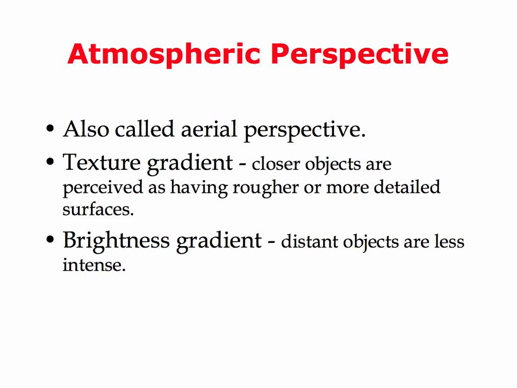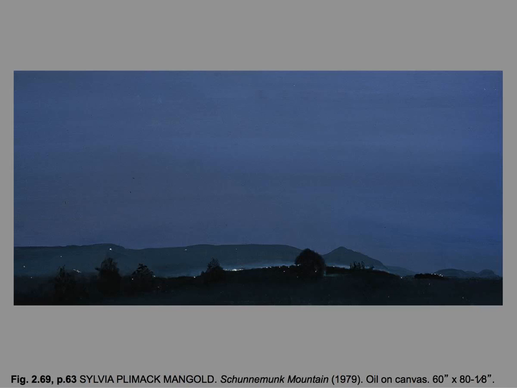There can also be a brightness gradient where those blurred, soft, distant objects are less intense than the ones closer up. And the classic example of this is looking out at overlapping mountain ranges.